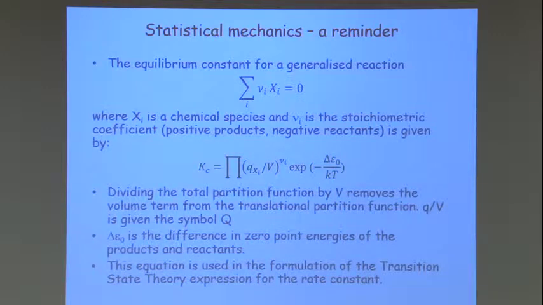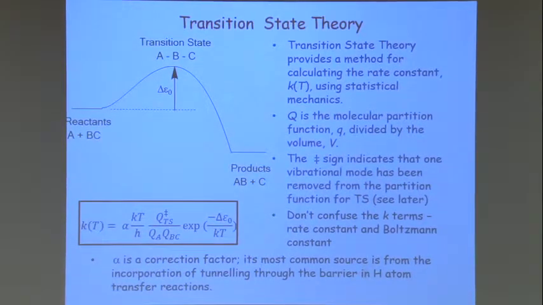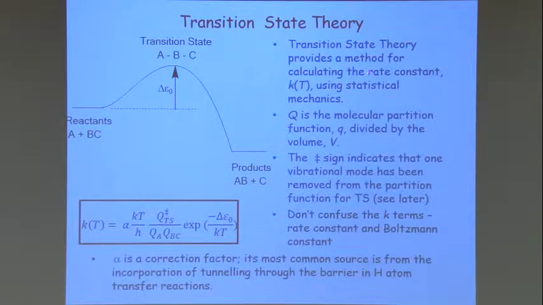And exactly the same equation is used in the formulation of transition state theory. So transition state theory is set up using exactly the same formulation. This is a brief discussion of transition state theory in advance of what we'll talk about tomorrow. So here are the reactants, A and BC, the transition state, ABC, with an energy delta E naught relative, that is, the energy of the 0-point level of the transition state relative to the 0-point level of the reactants.